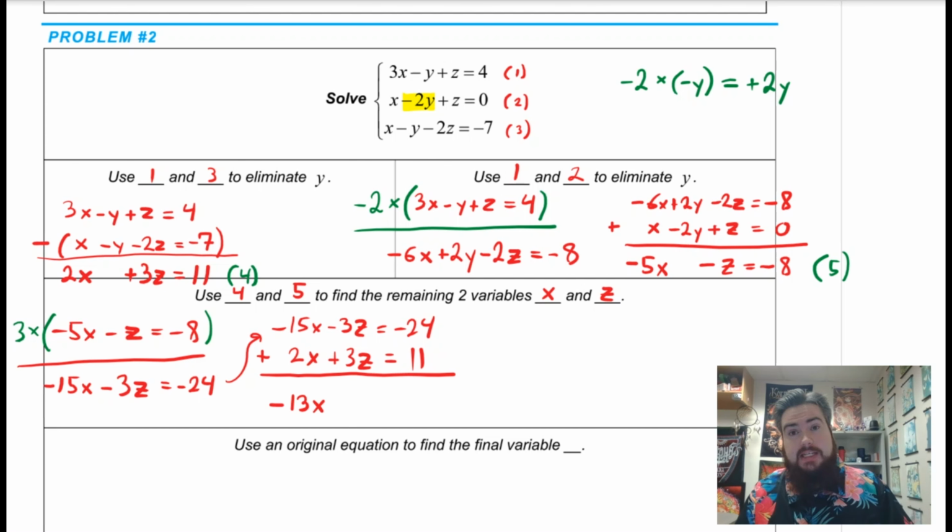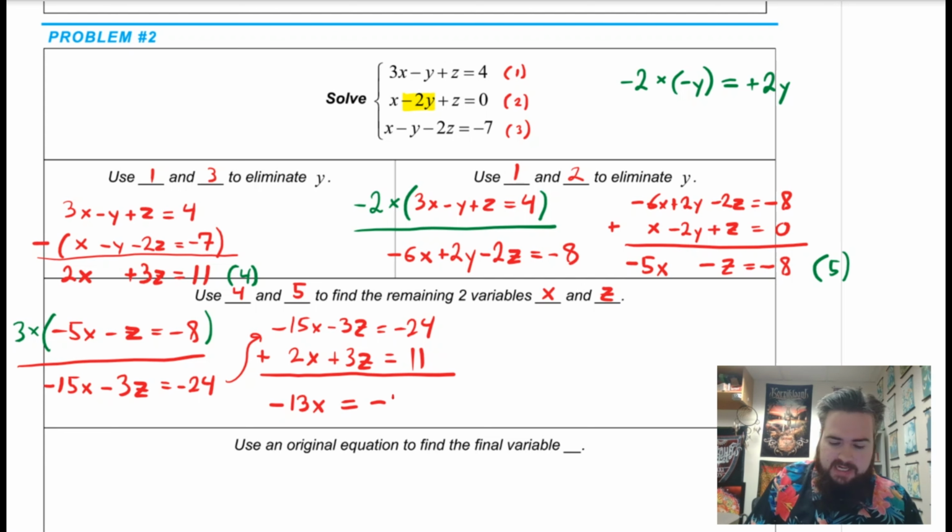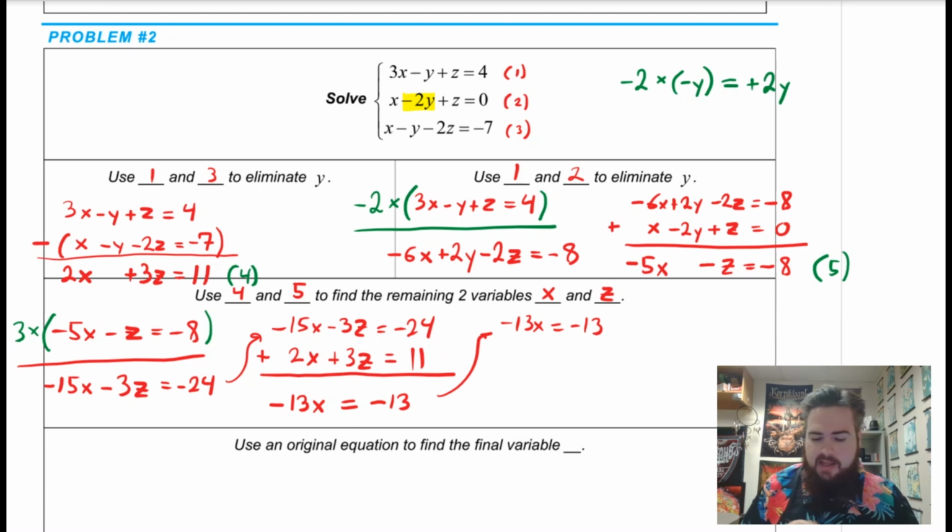The negative 3z and the plus 3z will cancel out to create 0. And then on the other side, I get negative 24 plus 11 is negative 13. Then I have negative 13x equals negative 13, which I can solve for x by dividing by negative 13 on both sides and getting a very nice simple answer for x to be 1.